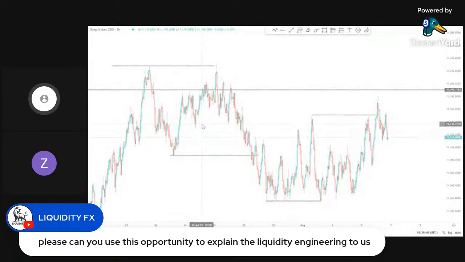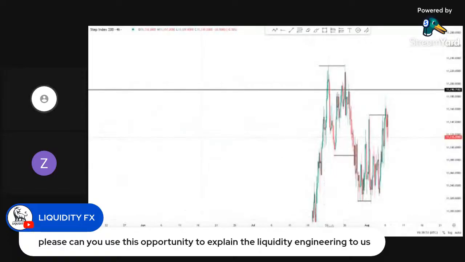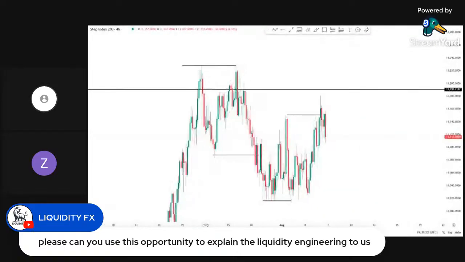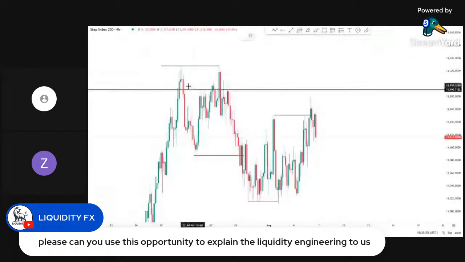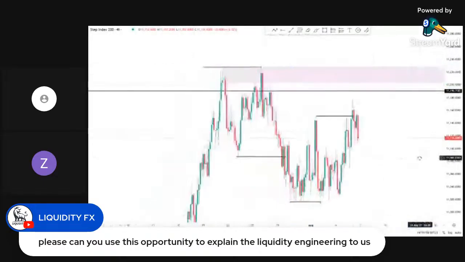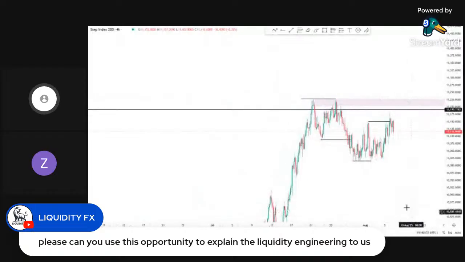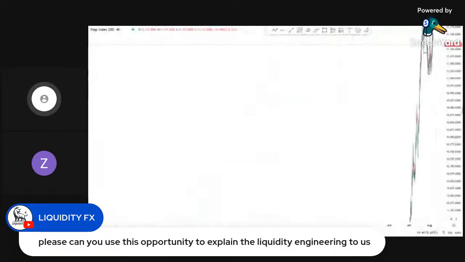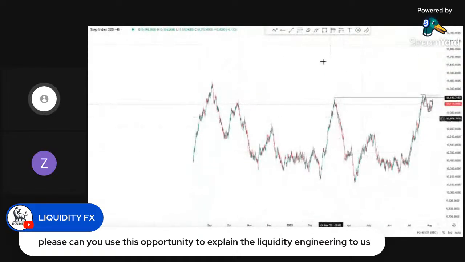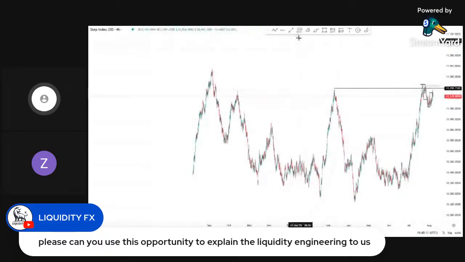So let me just reduce it for the hour to see what's... so something like this, price could actually go up and drop. But now where are you dropping to? Because price just took out that liquidity. What I'm doing is basically what happened previously here, something like this.